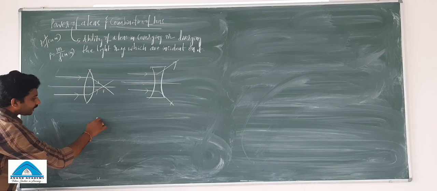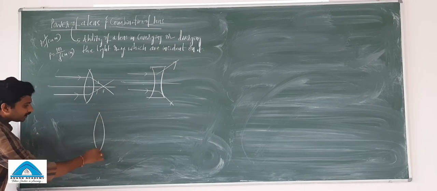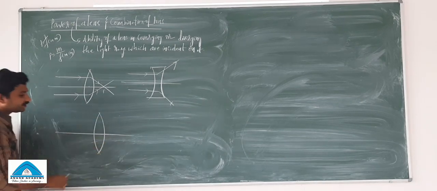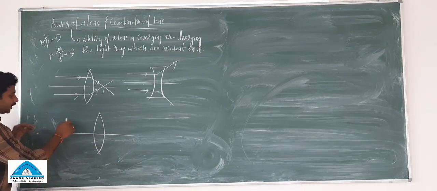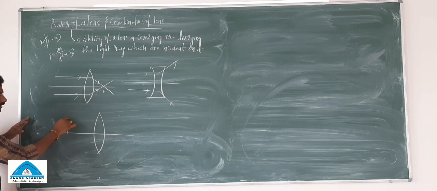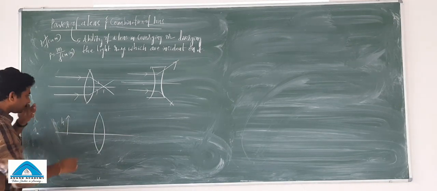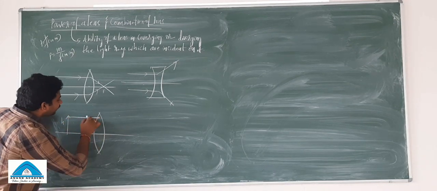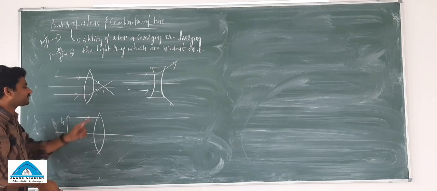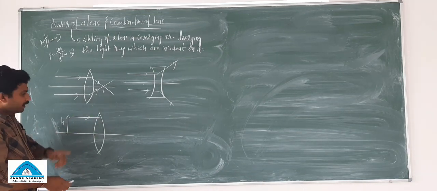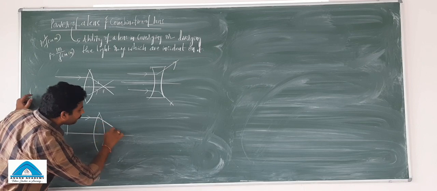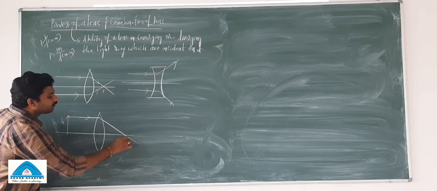Let us take the same convex lens here. This is the principal axis. Imagine an object of height h is considered here. There is a light ray parallel to the principal axis incident on it, and definitely it will pass through the principal focus.